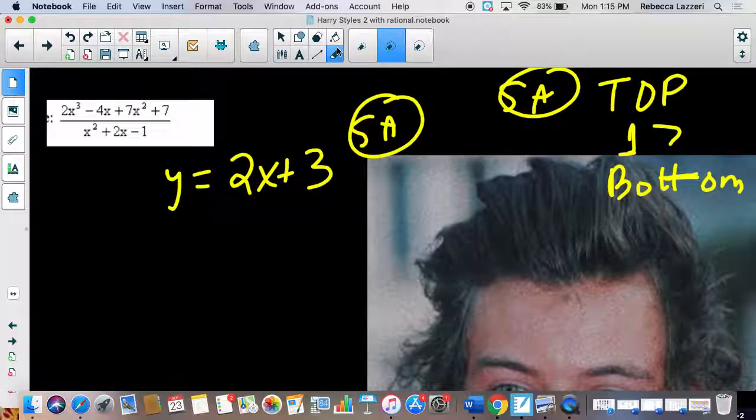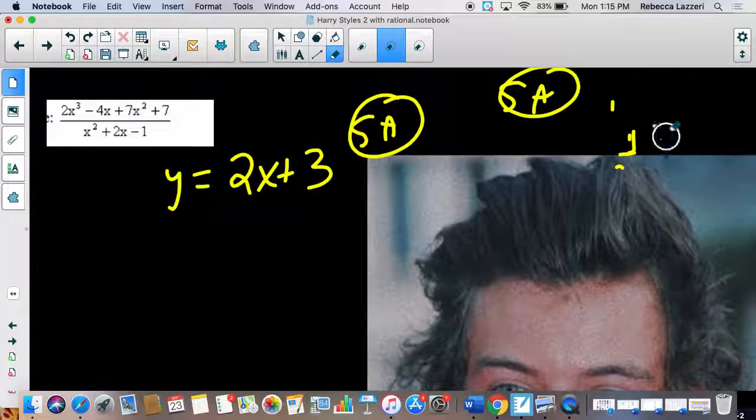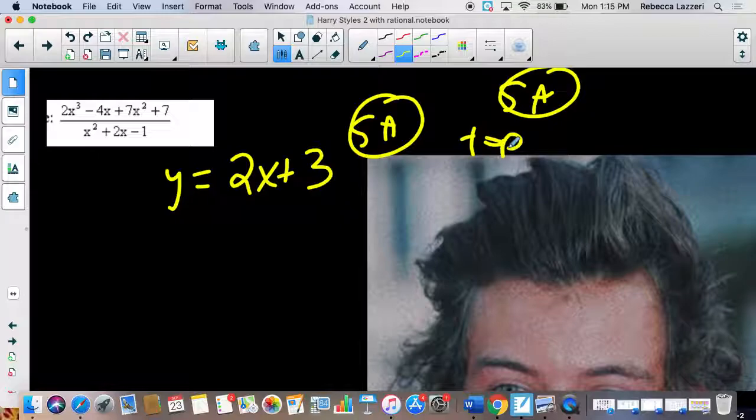Where the top exponent is 1 higher than the bottom exponent. That's a slant. Bottom. It says bottom, all right?